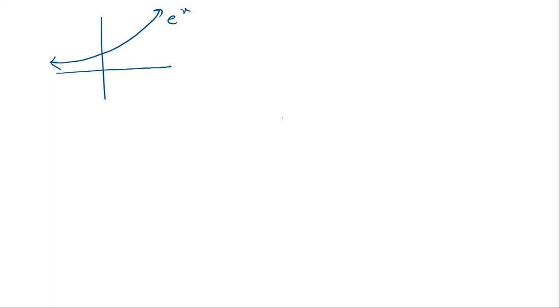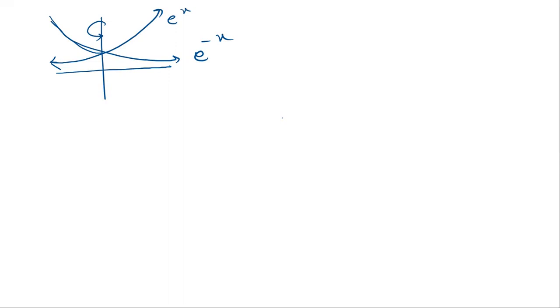If you just rotate 180 degrees, then the graph will look like this. The graph will go like this, right? This will be the graph of e power minus x.